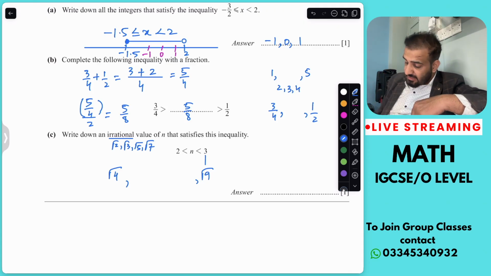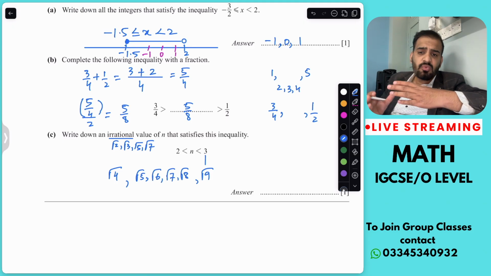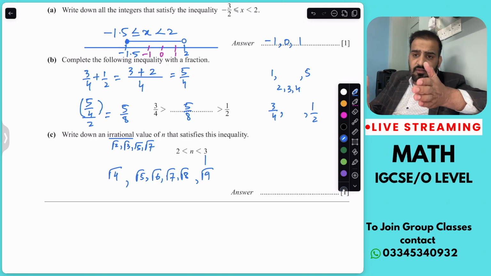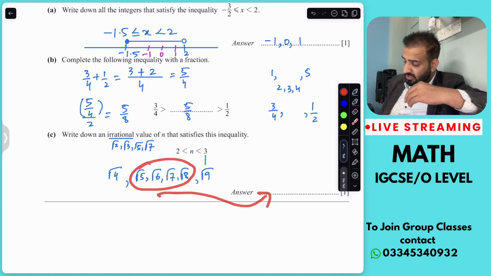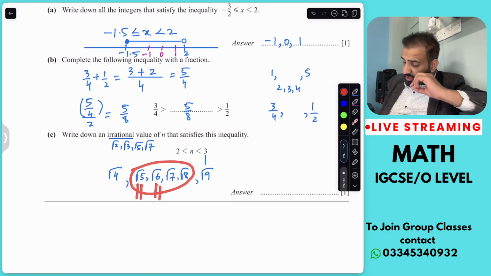So we can say that the number could be root 5 or root 6 or root 7 or root 8 or anything with a square root whose answer lies between 2 and 3. So you can write any of these options as the answer. Okay, इनका जो भी आंसर है आप चेक कर लें. Just put this in calculator. You will get some answer which actually lies between 2 and 3. Okay, so let's say the answer is root 5.